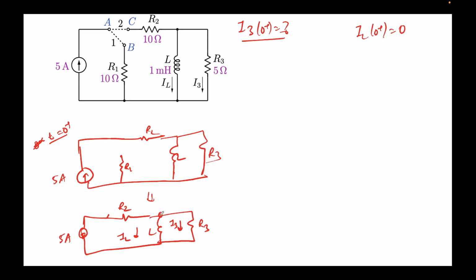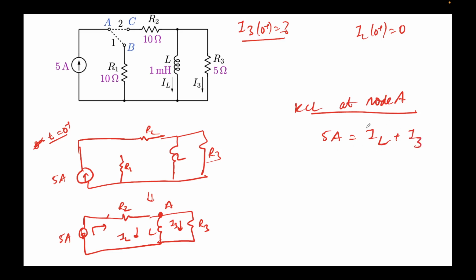Now let's apply KCL at this node. I'm calling this node A. If I apply KCL at node A, all the incoming current, the 5 milliamps coming this way, should be equal to the two outgoing currents, IL plus I3.